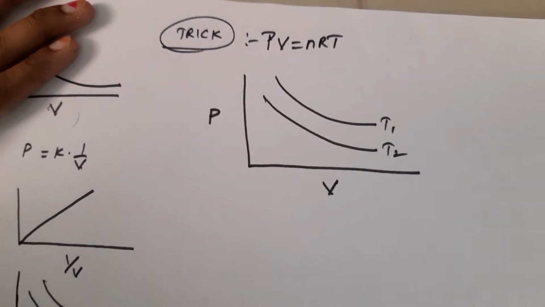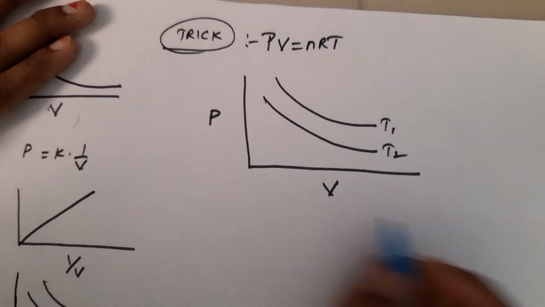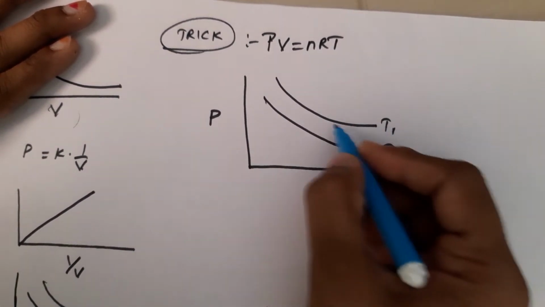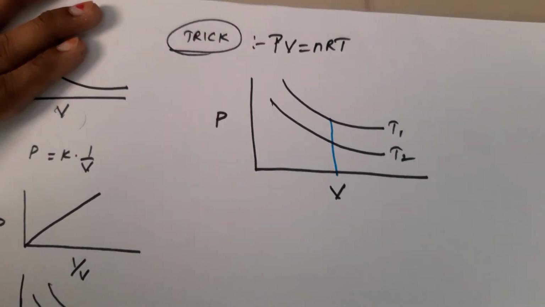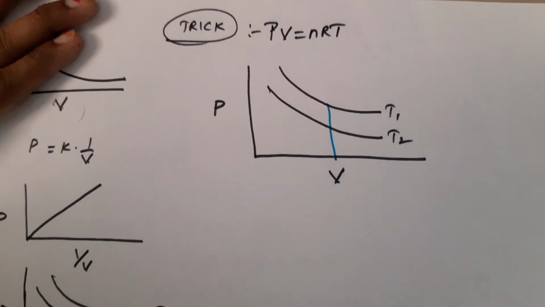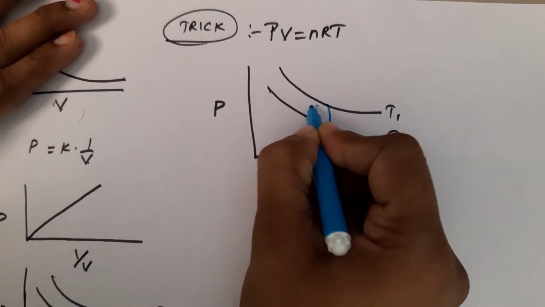Draw either horizontal or vertical lines. Simply draw this one like this. Draw either horizontal lines or vertical lines.